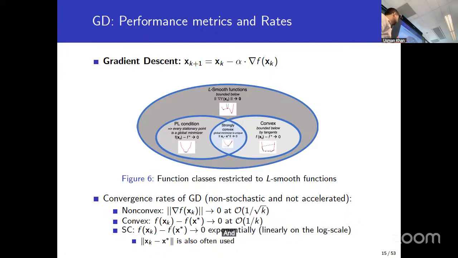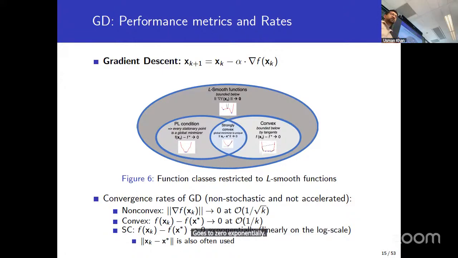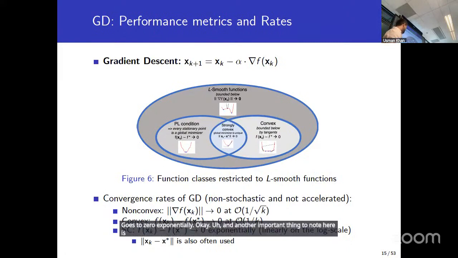And for smooth and strongly convex functions, when you have a unique minimizer, we know that this distance goes to 0 exponentially. Another important thing to note here is the metric that we are using to prove convergence, right?